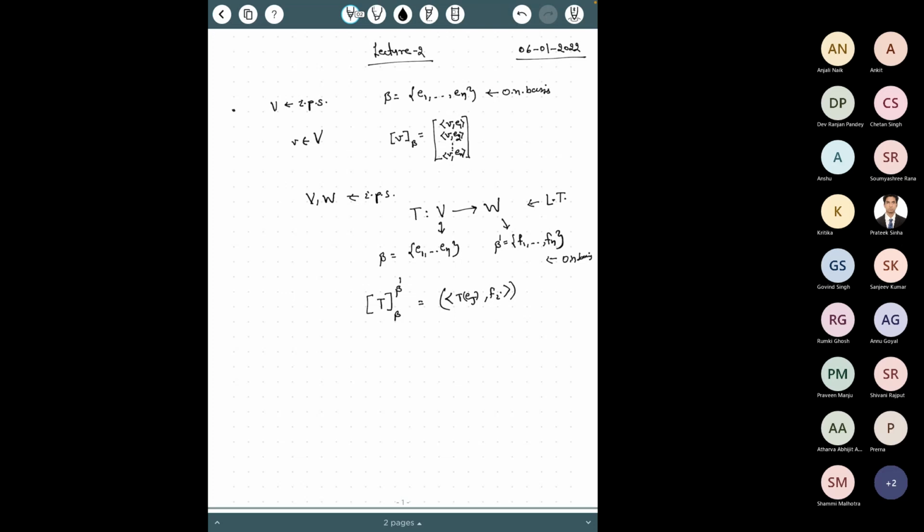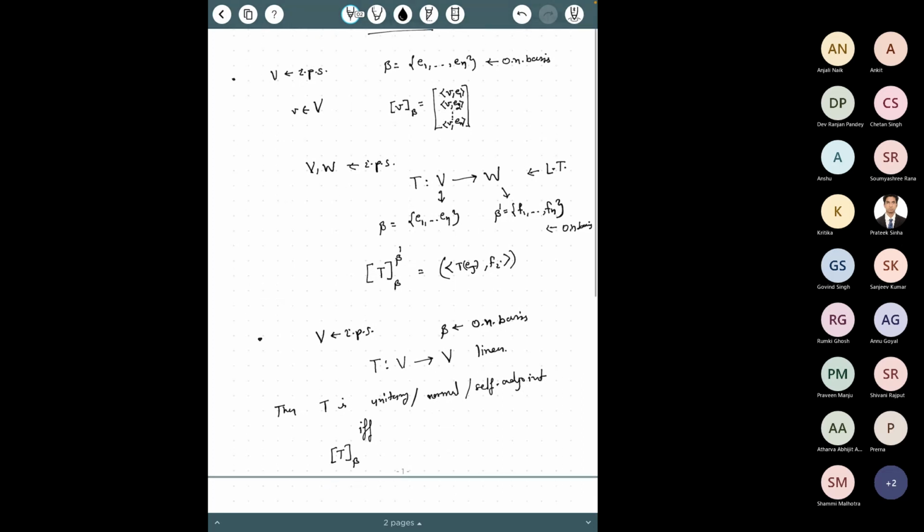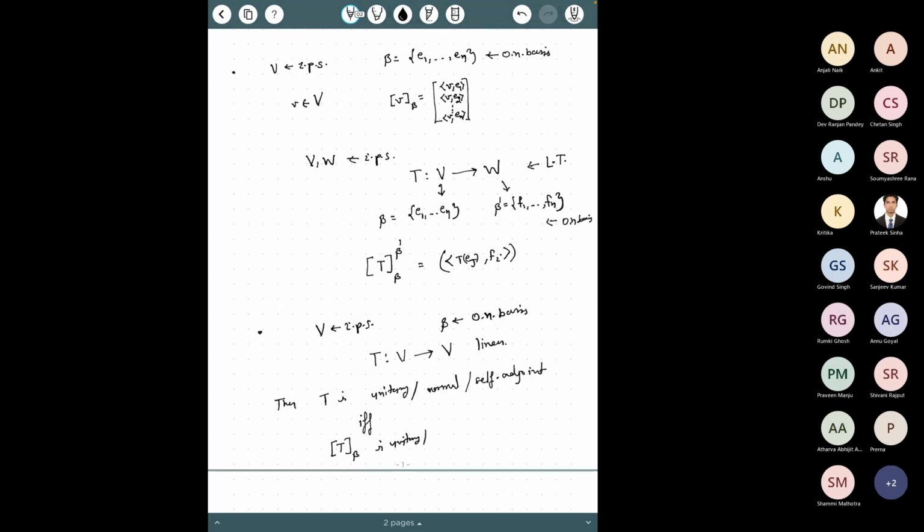So in fact, one can establish a relation: suppose V is an inner product space and we have an orthonormal basis, and suppose we have a linear operator T from V to V. Then this operator T is unitary, normal, or self-adjoint if and only if the matrix of T with respect to this orthonormal basis is unitary, normal, or self-adjoint.